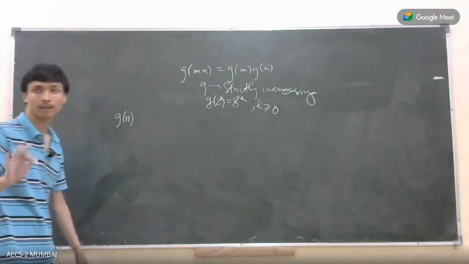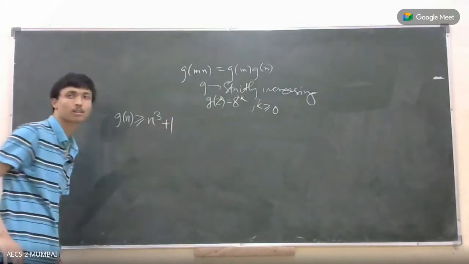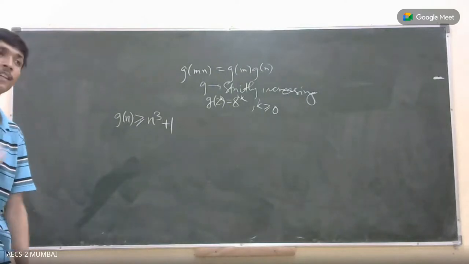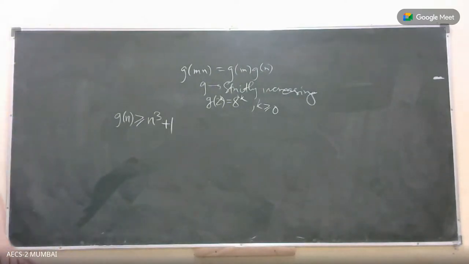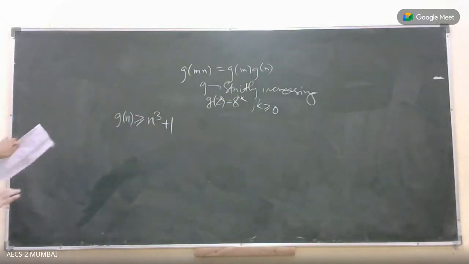So suppose there is some n such that g(n) is greater than or equal to n cube plus 1. So for which g(n) is greater than n cube. See, if g(n) is not equal to n cube, then it has to be greater than n cube or less than n cube, right? So we assume it's greater than n cube. The less than n cube case is analogous.